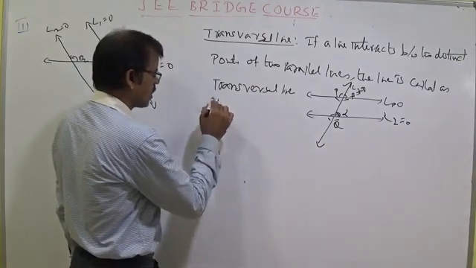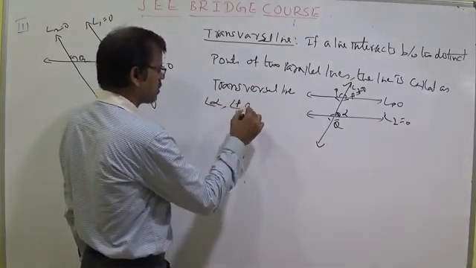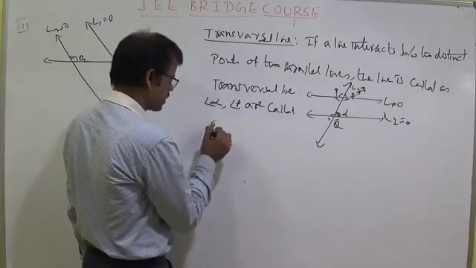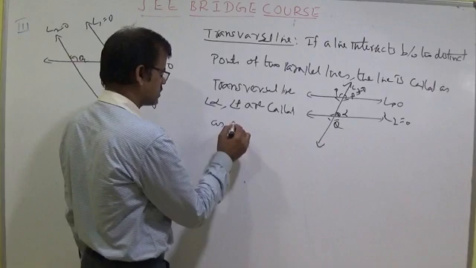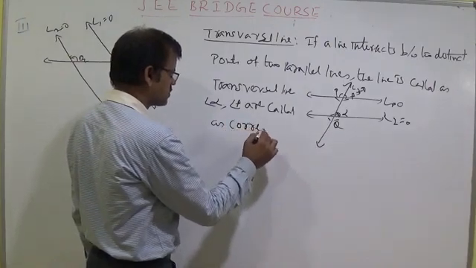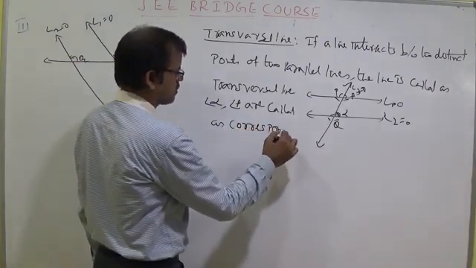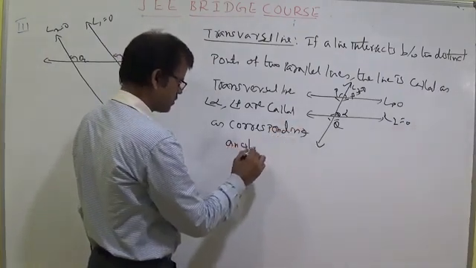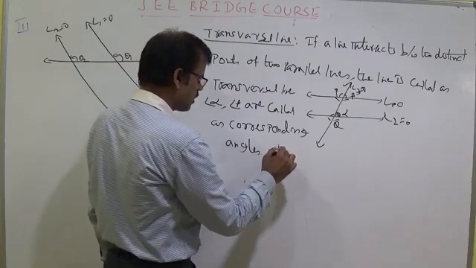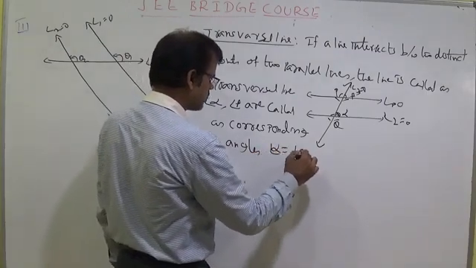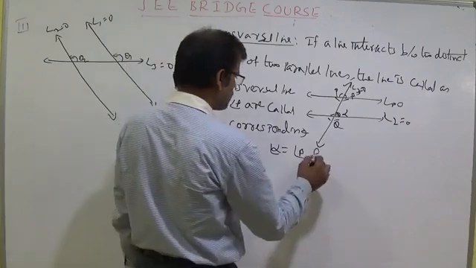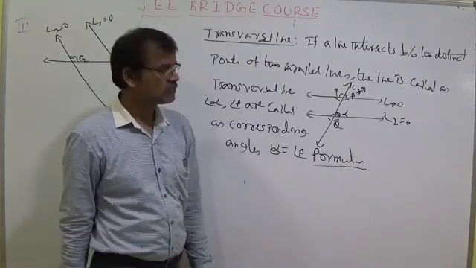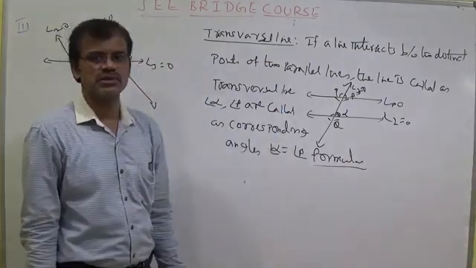Angle alpha and angle beta are called corresponding angles. Angle alpha is equal to angle beta. That is the rule, formula. Corresponding angles are equal in the concept of transversal line.